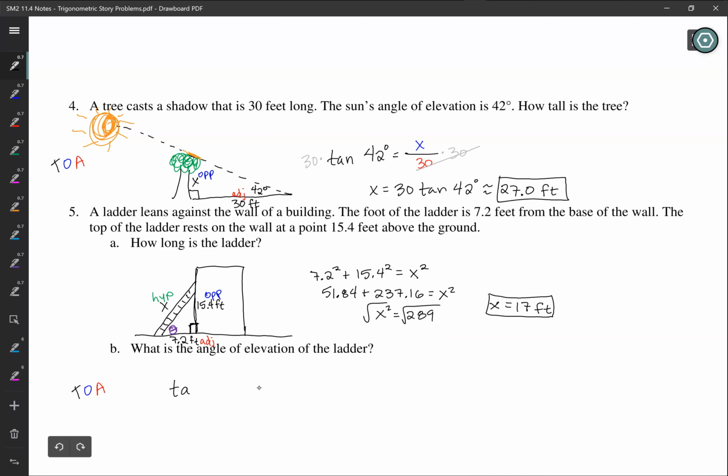So I'm going to say the tangent of my angle theta is 15.4 divided by 7.2. So I need to tell the calculator, hey calculator, I know the tangent, you tell me how big the angle is. And I tell it to do that by using inverse tangent.